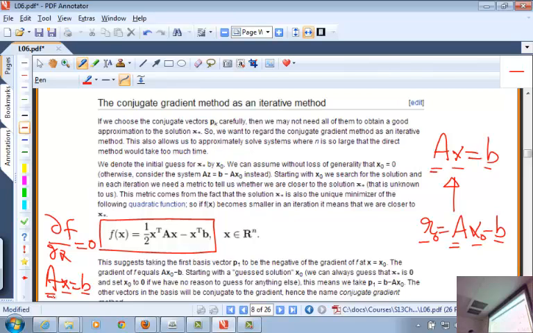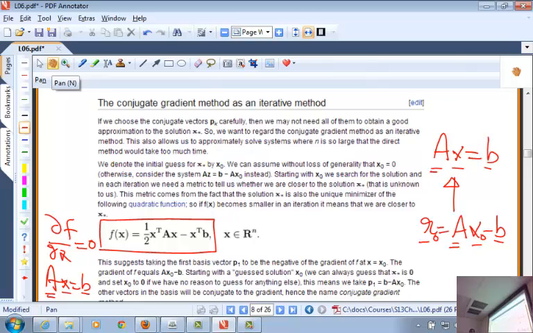Okay, that implies that if you minimize this function, you are going to solve the particular equation. And the way that we do that is by making an initial guess vector, calculating the residual. Knowing the direction of the residual, we are going to pick a search direction. Initially, it may be the residual direction. And then in the search direction, we need to decide how far we want to go.